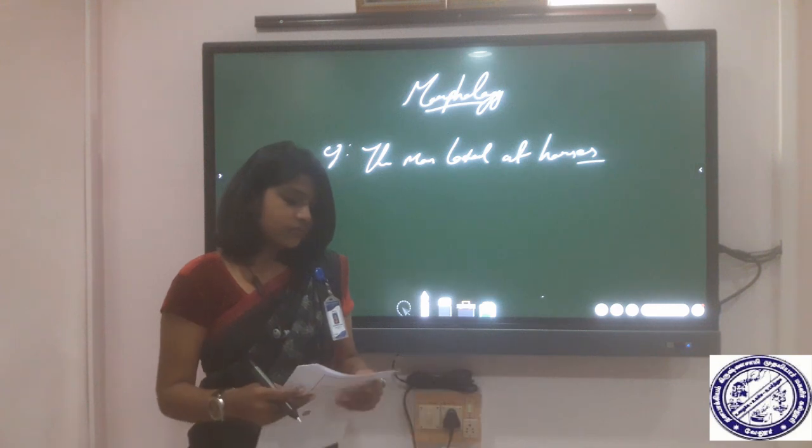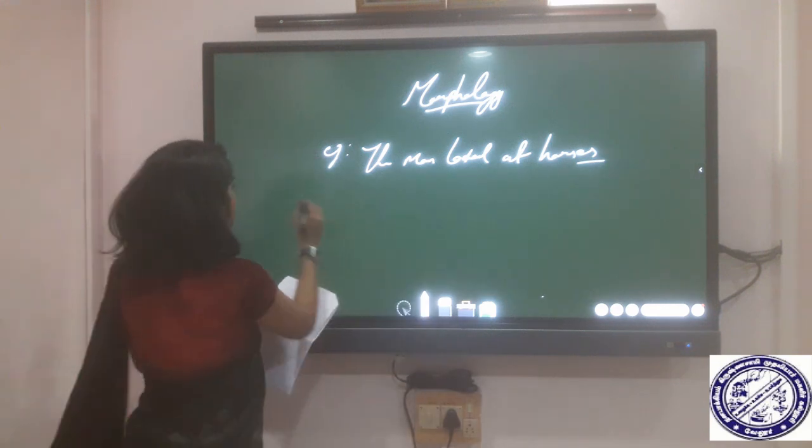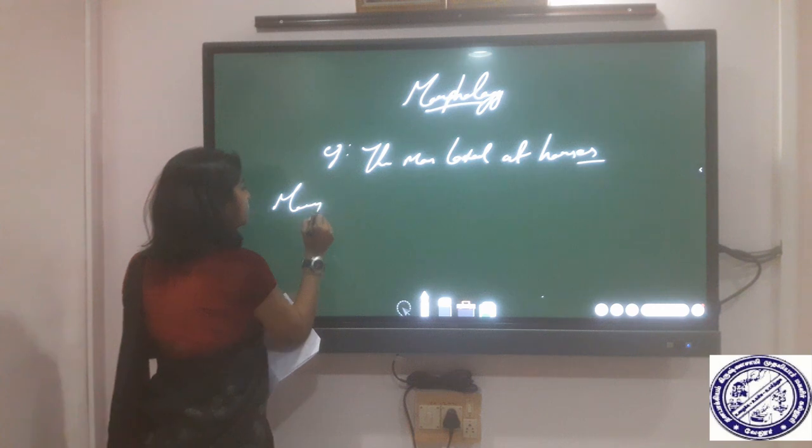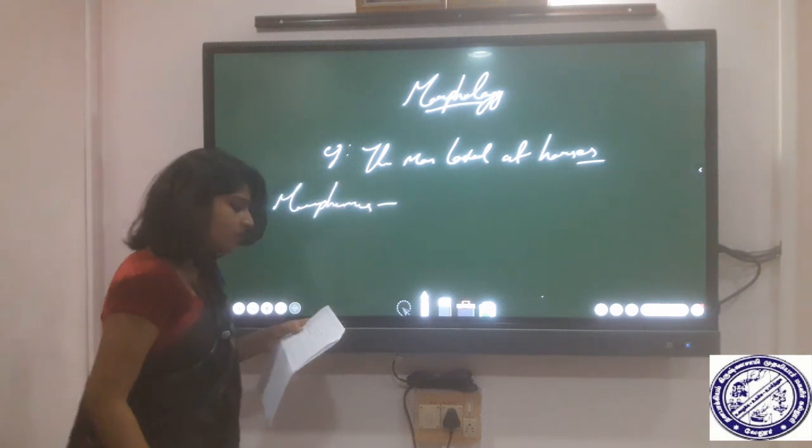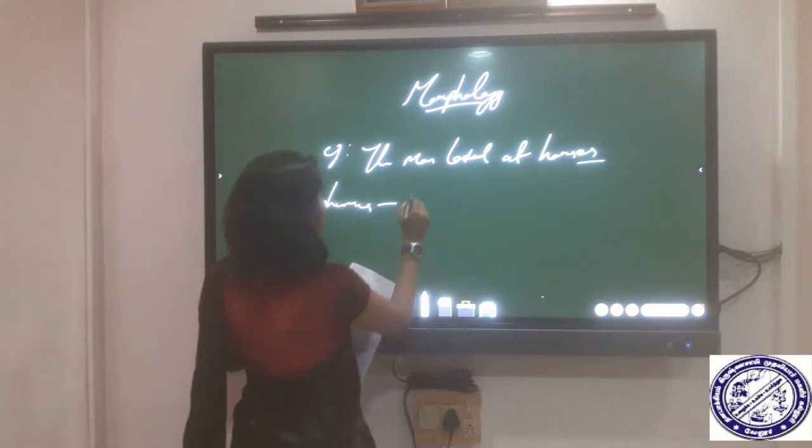Next one is morphemes, the building blocks of morphology.